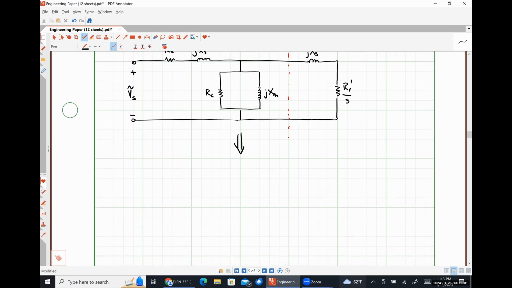So that's going to leave us with this circuit.